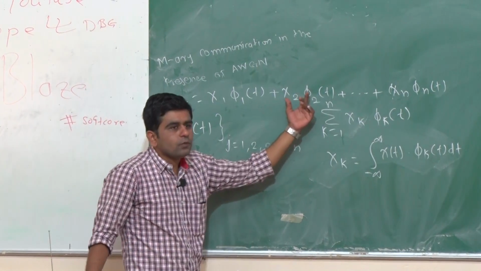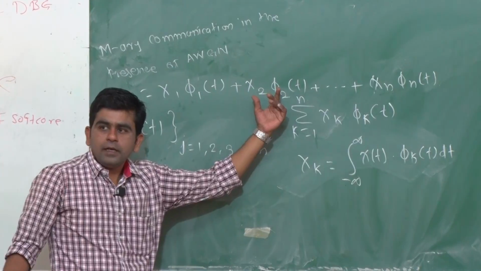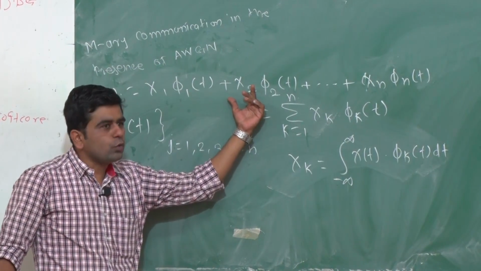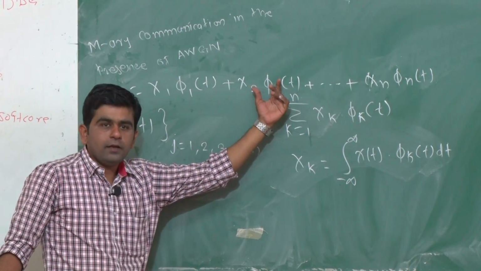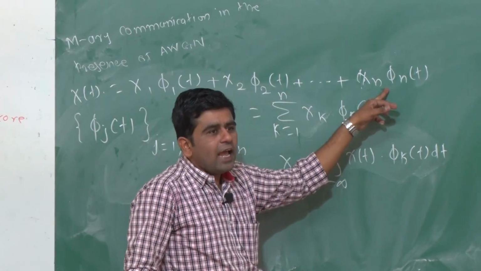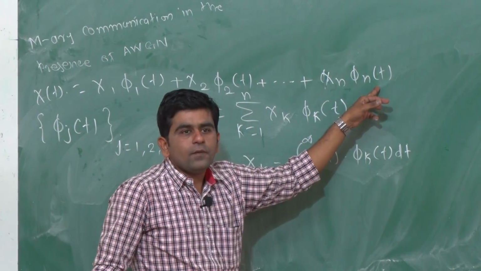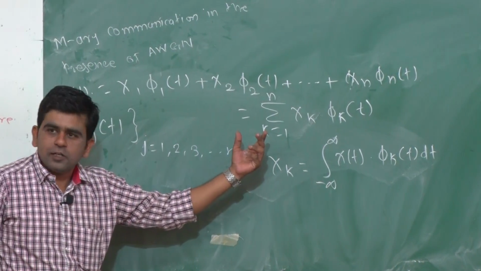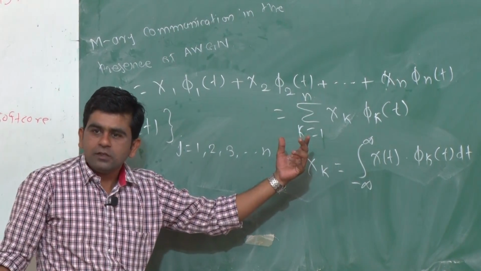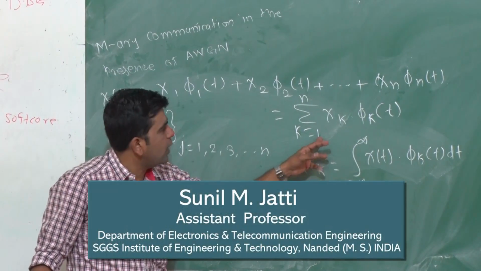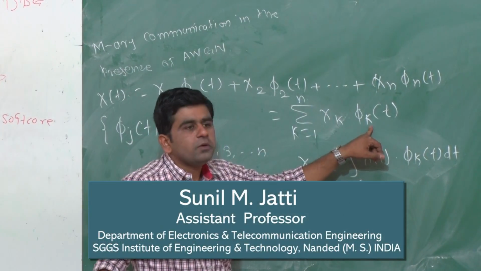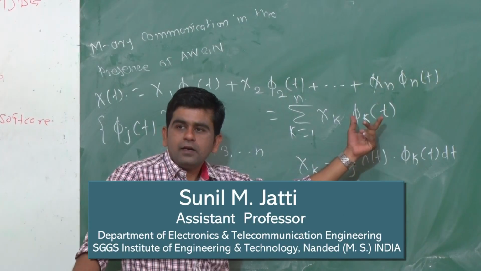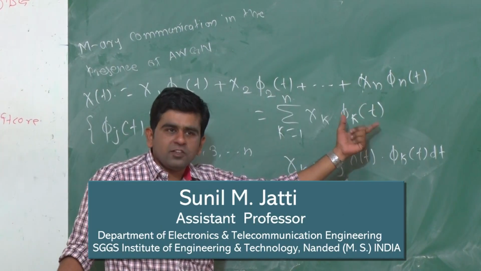Similarly, the projection on the second basis function gives x2 into phi 2 of t, up to xn into phi n of t. So this random process can be represented using signal space analysis, the geometric representation, that is summation over k equal to 1 to n of xk into phi k of t, where phi is nothing but the basis function.